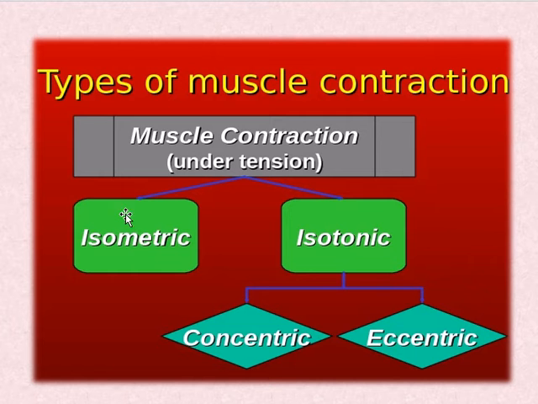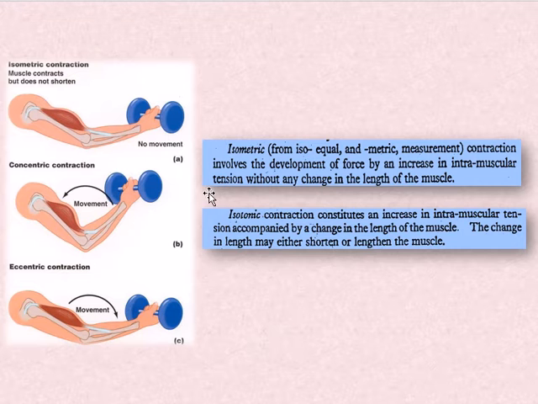Now look at the types of muscle contraction. Muscle contraction and tension are divided into two types: isometric and isotonic. Isotonic is further divided into two types: concentric and eccentric. Now look at their definitions. Isometric: the muscle contracts but does not shorten because there is no movement.